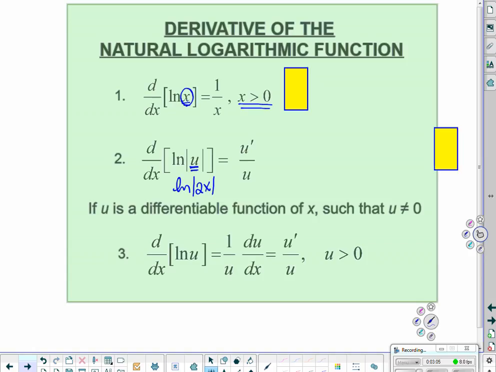We would say it is 1 over u times u prime. Here's where we pick up the chain rule. But otherwise, it's 1 over the object, like 1 over x, in this case, 1 over u. That's what is being described in that verbiage.